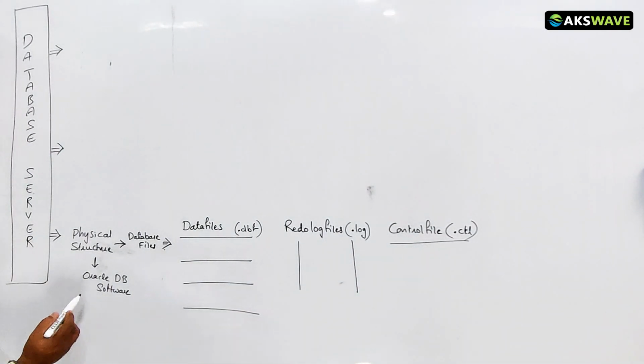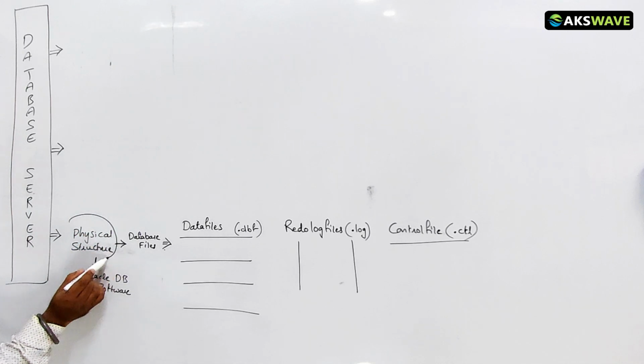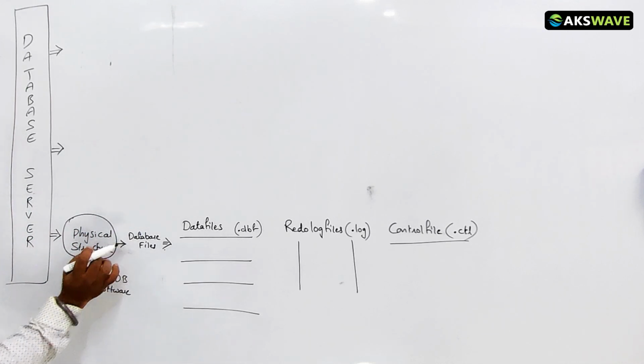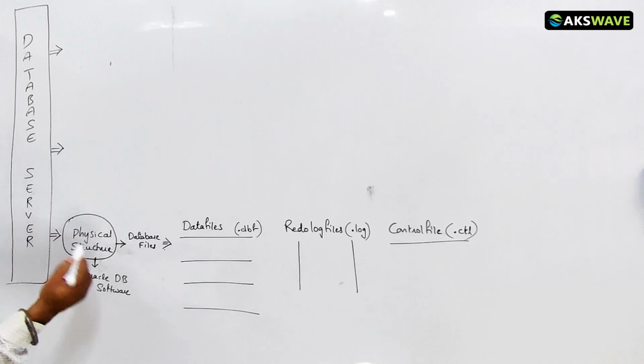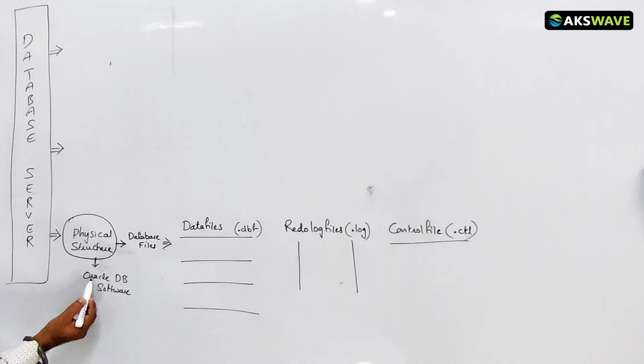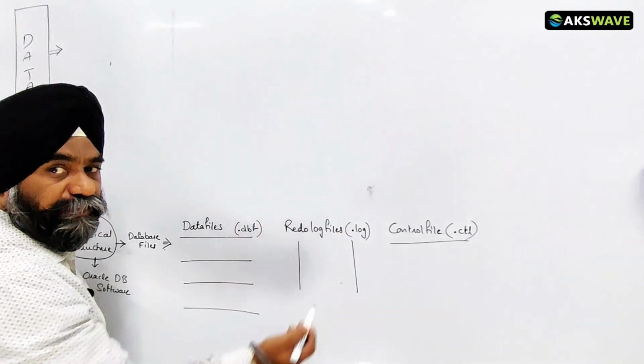That is my Oracle software. So the physical structure has two things in my database server: my data files, and the Oracle database software. The Oracle database software is used to work with your files.